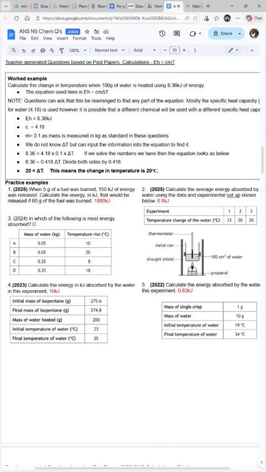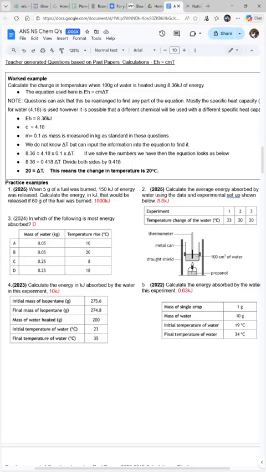So 8.36 is 4.18 multiplied by 0.1 multiplied by delta T. Since 0.1 is a tenth, you're basically doing 8.36 equals 0.418 multiplied by delta T.